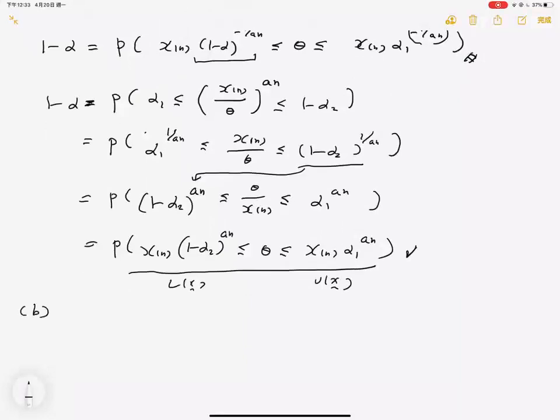Okay, good. And the reason I said this course homework is really easy is you look at B. Look at B right here. That's exactly the form of the CDF, right? It's exactly right here. So they're automatically saying that it's a pivotal quantity, because you could say it's xn and then theta an is a CDF of xn.